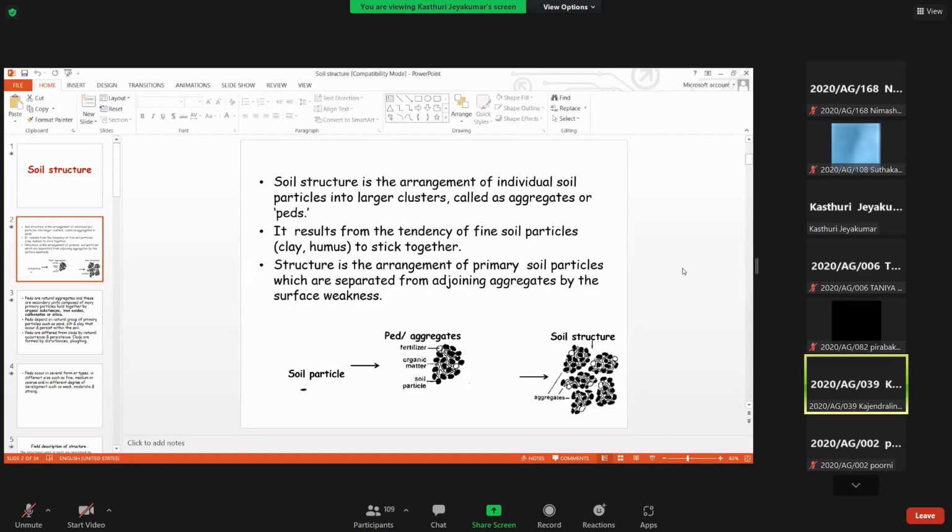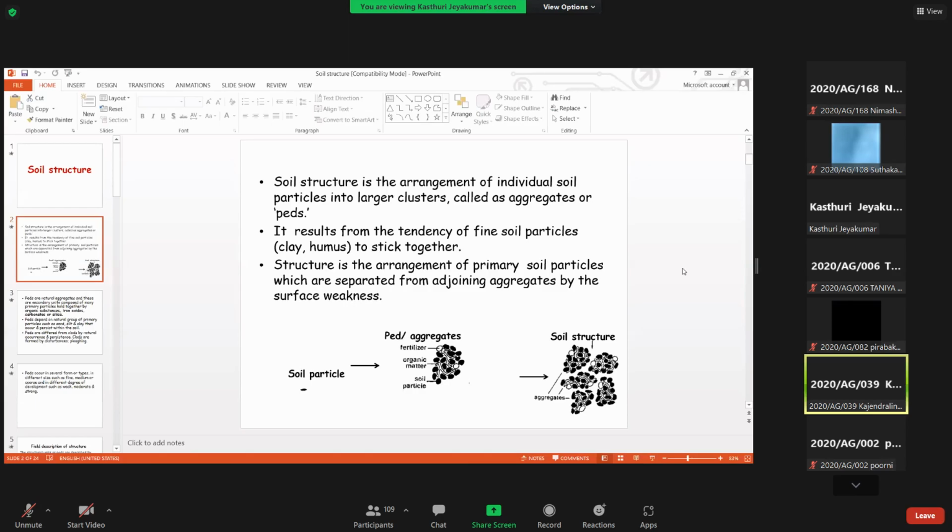In this picture, we can observe the soil particles, which include fertilizers, organic matter, and soil particles. They aggregate together, and finally the soil structure is formed.